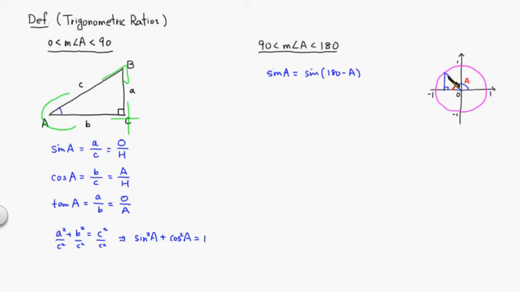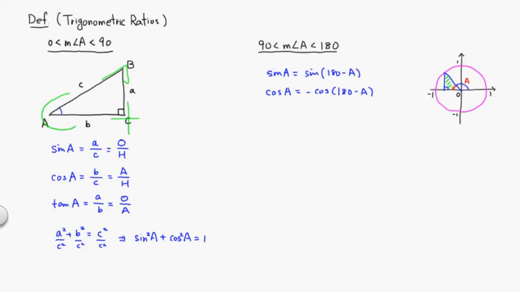So we have a right triangle. So here's the right triangle. Then we can just use this triangle and use the sine definition here. Cosine of A is defined similarly, except that it's going to be a negative sign, so we have the negative of cosine of 180 minus A. So that's how we define sine and cosine using angles between 90 and 180.